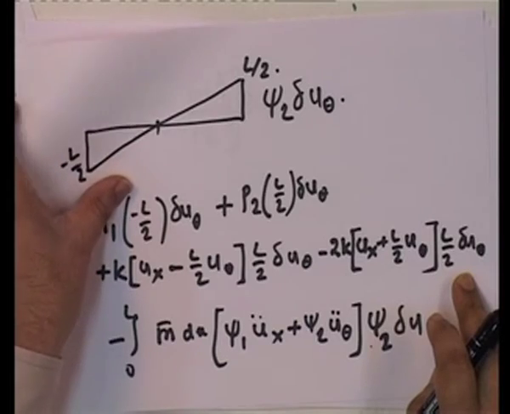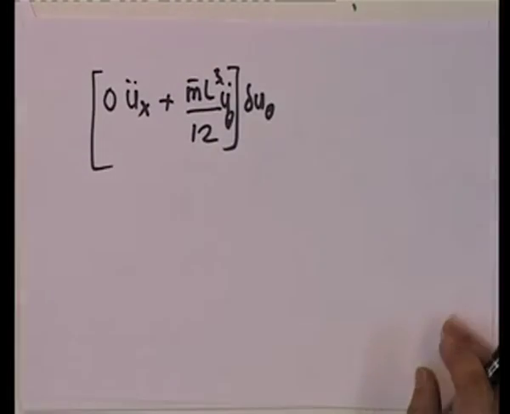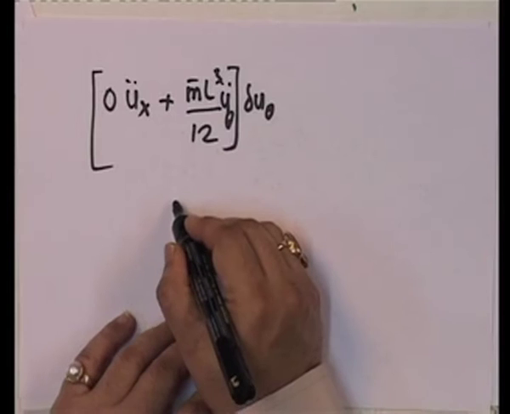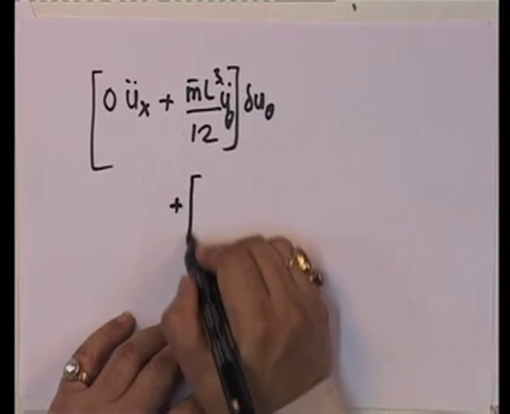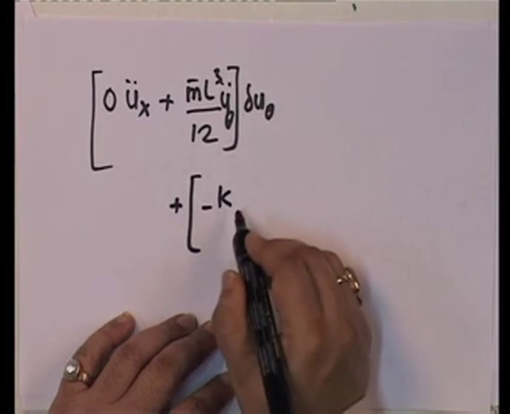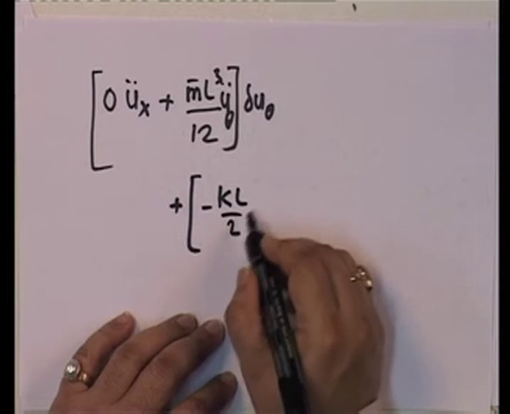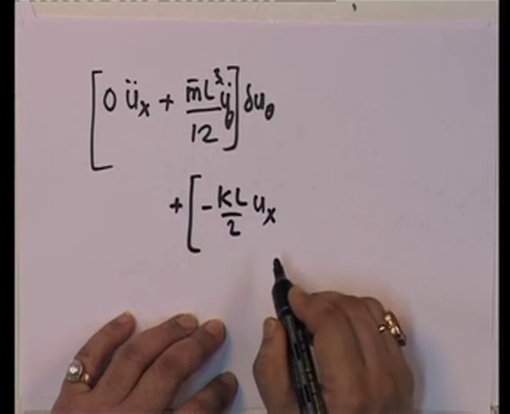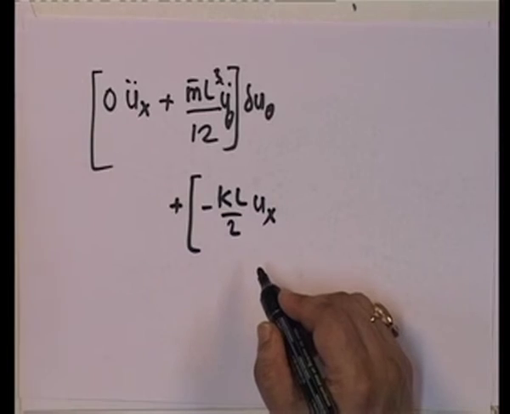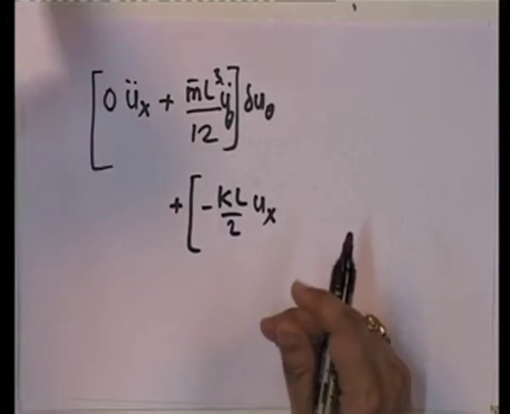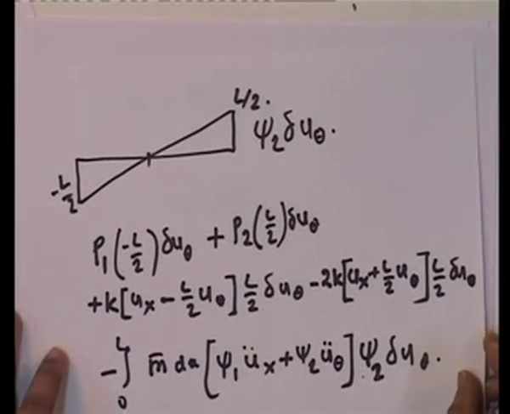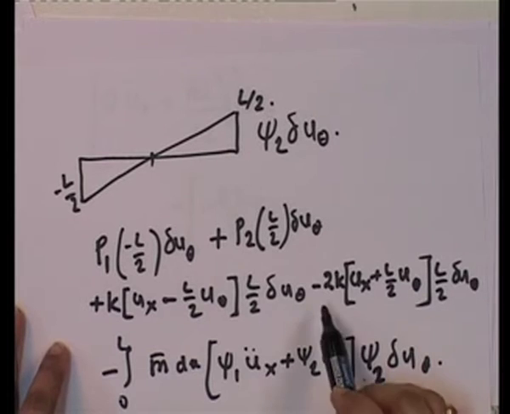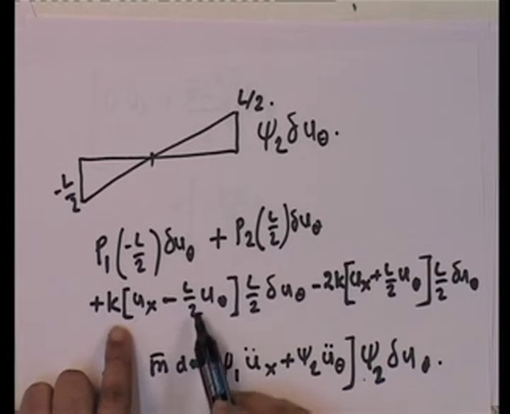So, I get minus k L by 2 ux. That is the first one that we get, and then the other one.